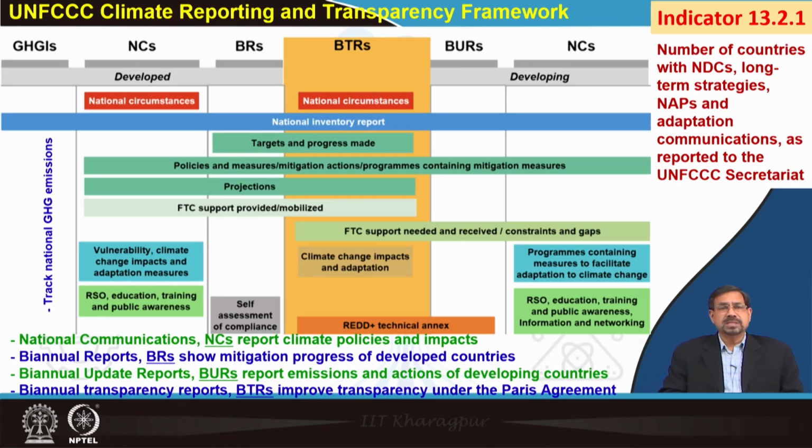NCs, that means national communications, report climate policies and impacts. BRs, the biennial reports, show mitigation progress of developed countries. Biennial update reports, BURs, report emissions and action of developing countries. Whereas we also have the biennial transparency reports, abbreviated as BTRs, which improve the transparency under the Paris Agreement.